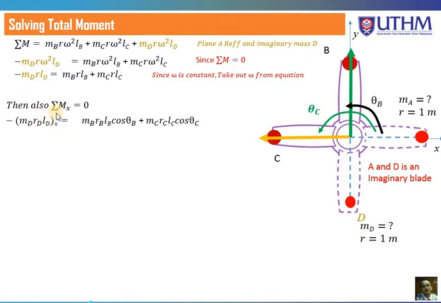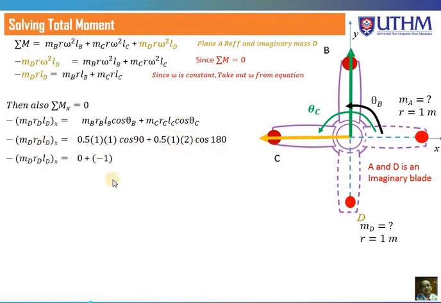The moment of D at the x-axis is equal to MRB LB cos theta B, and for C, times cos theta C. Putting in all the known values, the mass of B, radius of B, length of B, and the degree, and the same applied to C, you will reveal this equation.